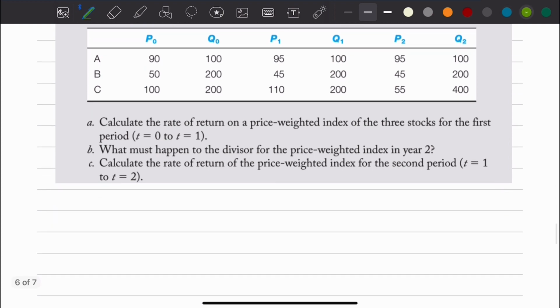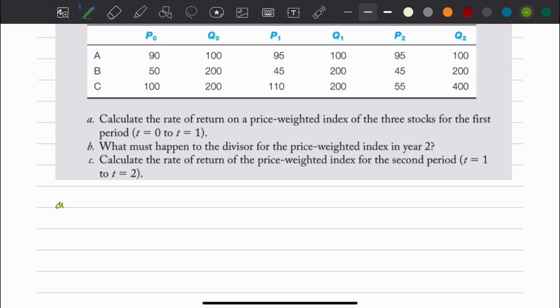Okay, so here part A, let's say value of the index at time 0 is going to equal the total prices of the three stocks right here.